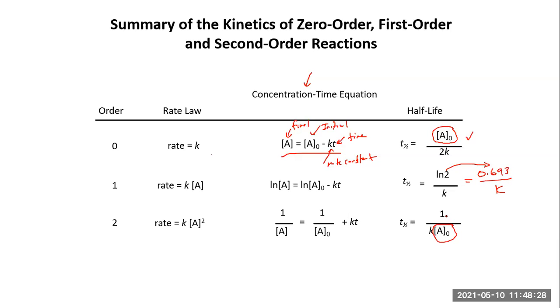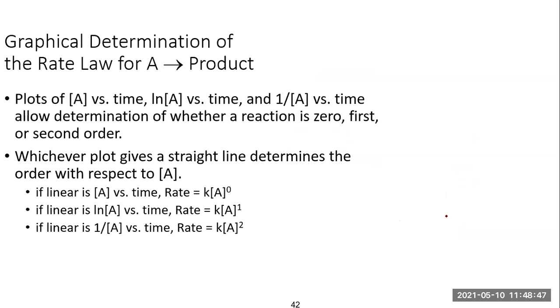And again, that will affect the half-life that you would expect to see. So obviously, this is a good slide. It summarizes all those important equations that you need, along with those graphs that you need to know. Remember that those graphs really do come from rearranging these concentration versus time equations.